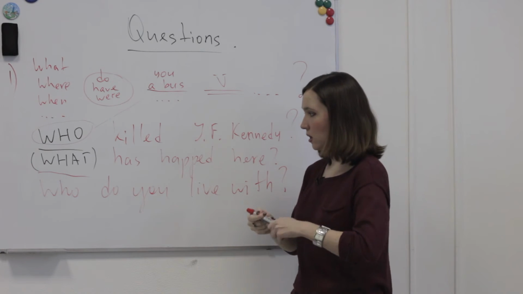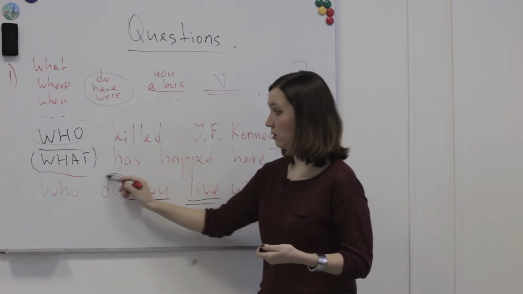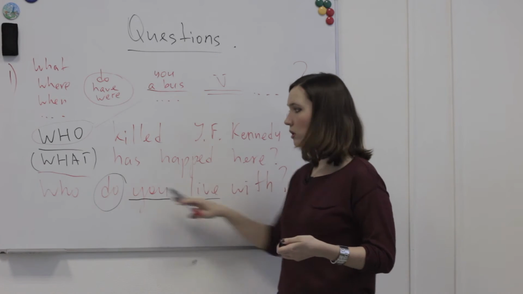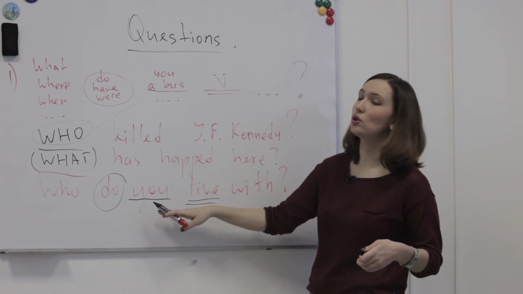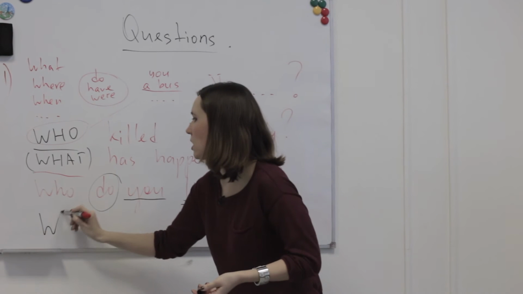Because see, here you've got the subject and you've got the main action, therefore you need the helper. But it's also who, but different. Here, who is the subject? In this question, you is the main subject.